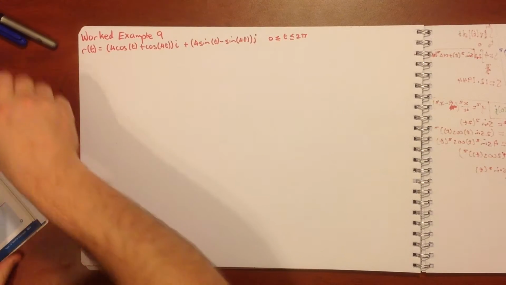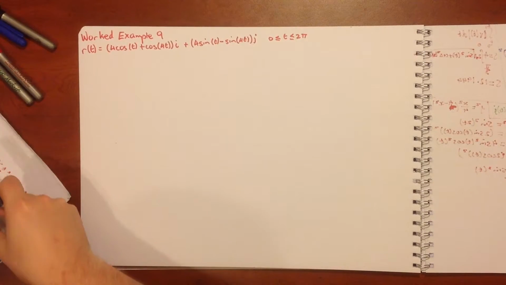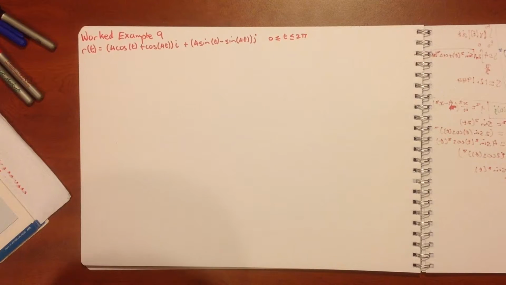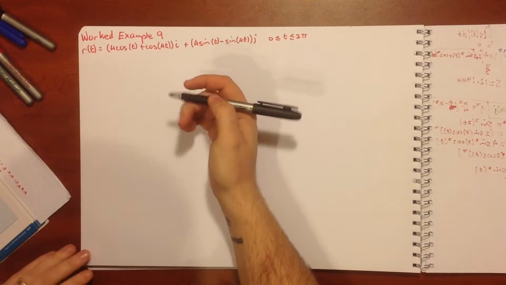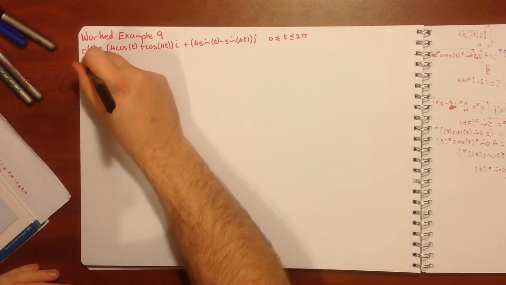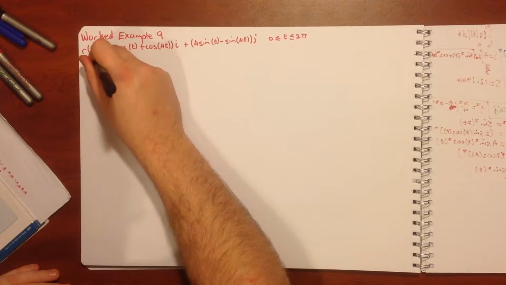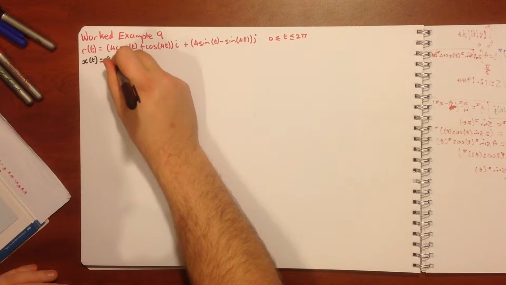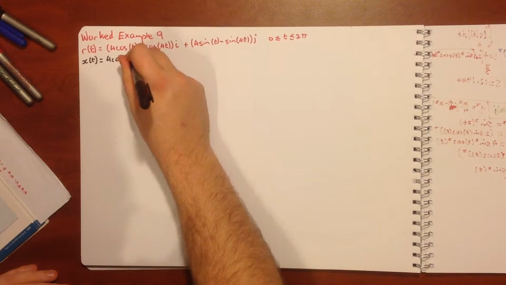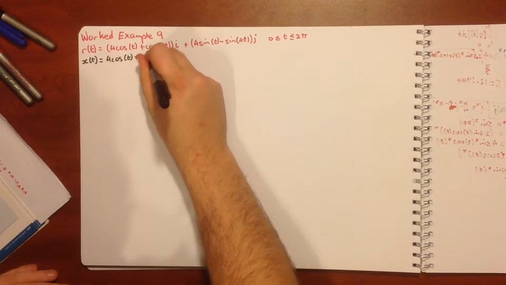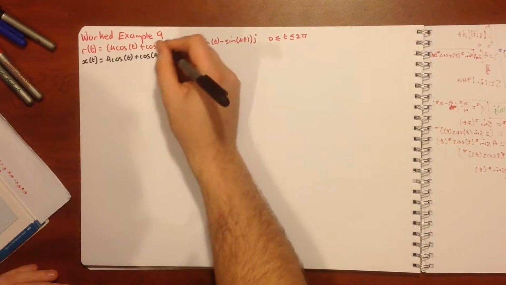For part A, we're going to be finding the gradient of the curve. Again, we're going to have to find the derivatives of our x of t and our y of t, and then use our chain rule to find dy/dx. We know our x of t is equal to 4 cos of t plus cos of 4t.